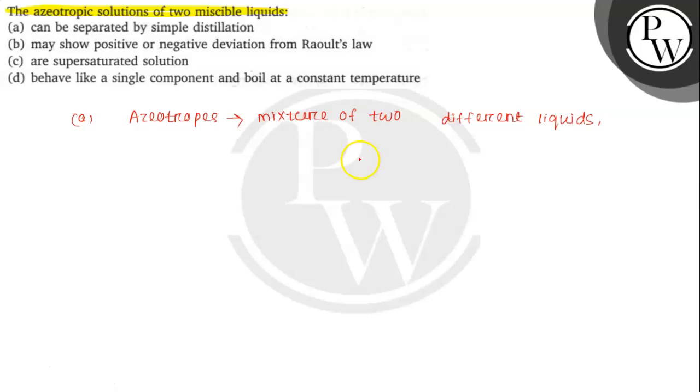Azeotropes occur when the fraction of liquids cannot be altered by distillation, and they have a constant boiling point like a pure compound, because the vapor has the same composition as the liquid mixture. Also the boiling point of an azeotrope mixture may be higher or lower than that of any component.